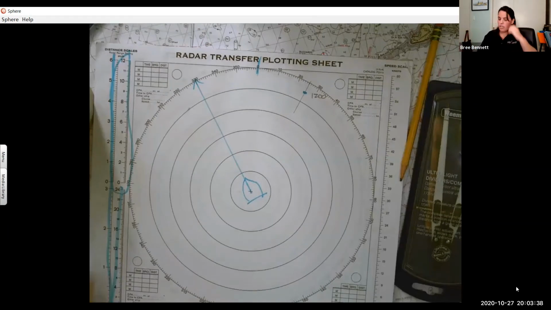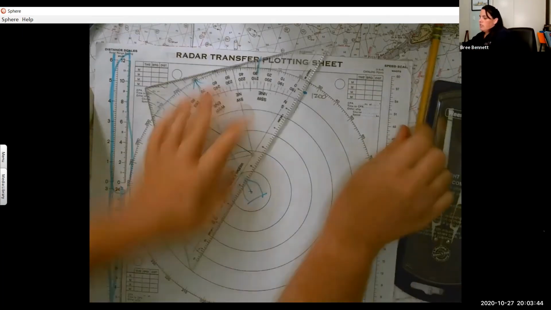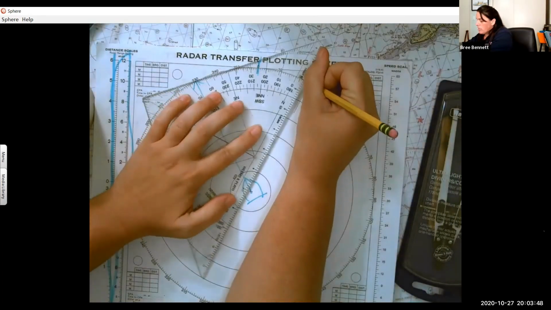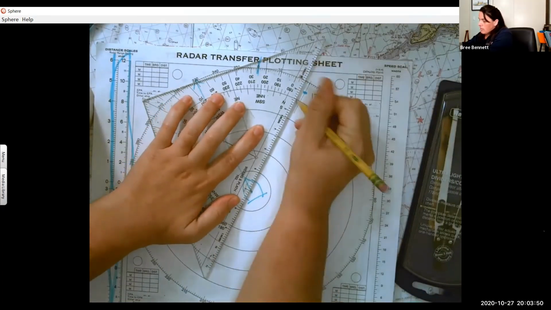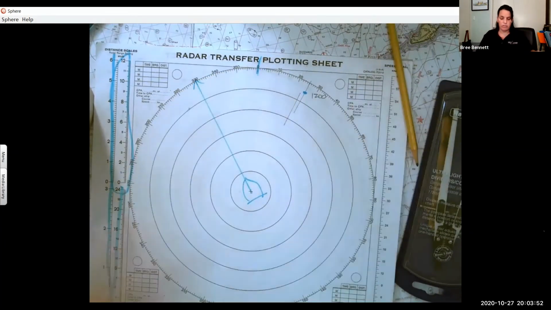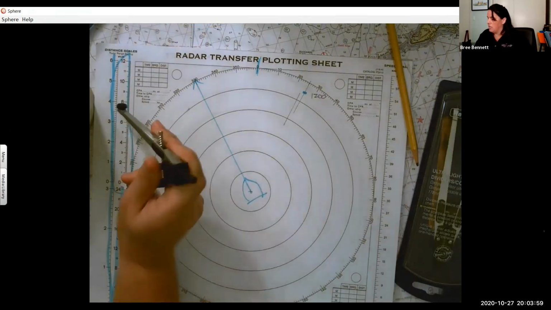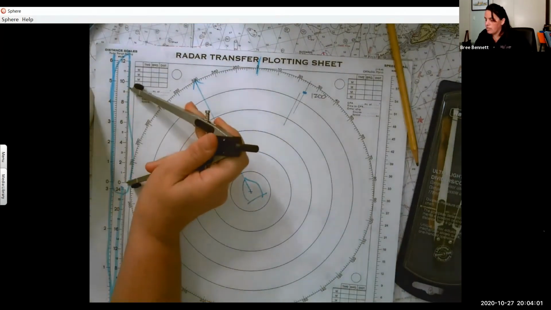What was it bearing? Let's say it was bearing 023. So we'll do 023 at 9 miles. We'll do 9.5. How about that? Here's our 9.5.